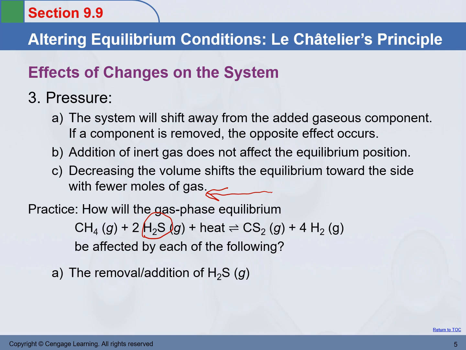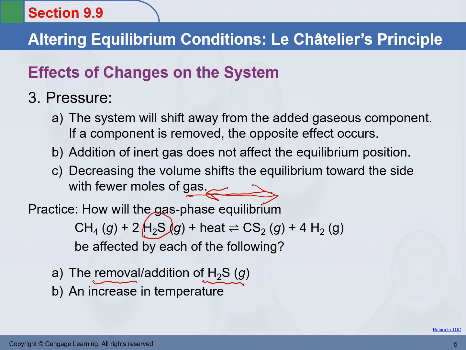Addition: if you add H2S, then it's going to shift to the right. Does that make sense to you? You can try other substances, try removal or addition of any other substances and predict if the equilibrium is going to shift to the left or to the right. Again, to clarify, the removal of H2S will cause the equilibrium to shift to the left to produce more H2S.